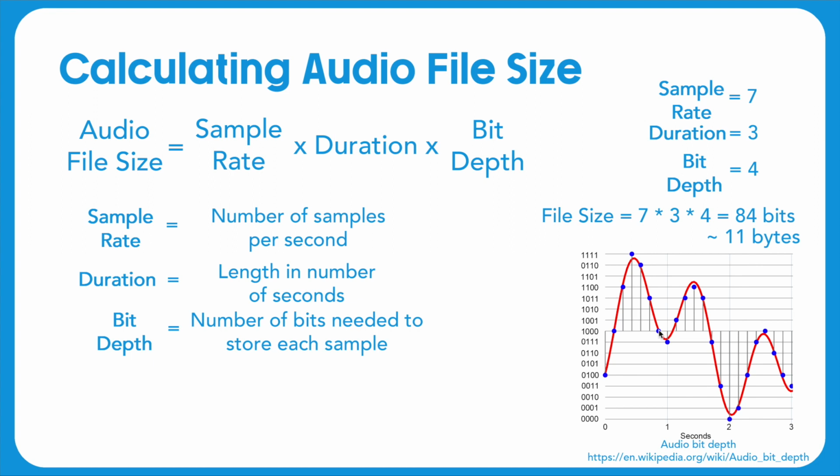We can see along the bottom of the graph that the audio file goes on for 3 seconds, so our duration is 3. Finally, we can see on the y-axis that there are 4 bits that are used to store our data in this file, so our bit depth is 4. If we multiply these 3 values together, we get 84 bits, and then if we divide by 8 to get the number of bytes, we get around 11 bytes of data.